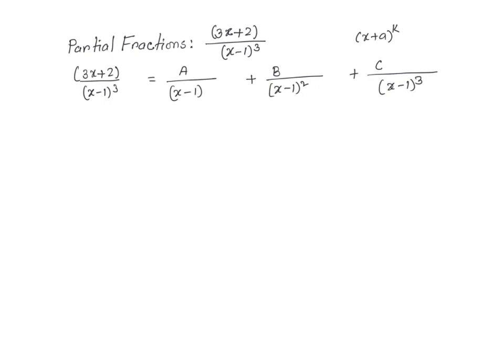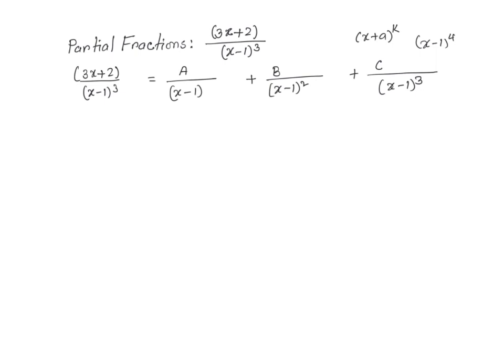So you see the structure: x minus 1 whole square, x minus 1 whole cube. What if we had x minus 1 to the power 4? In that case, we will just write another term, plus D divided by (x minus 1) to the power 4. So you get the idea.